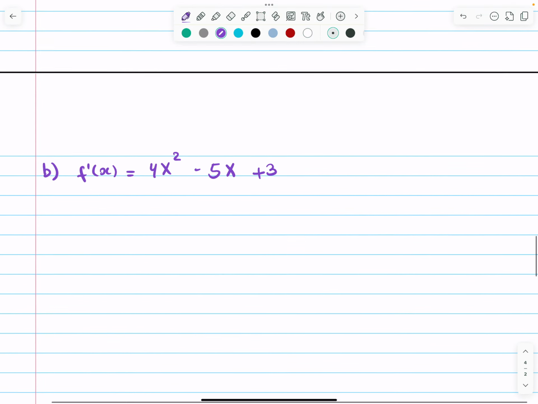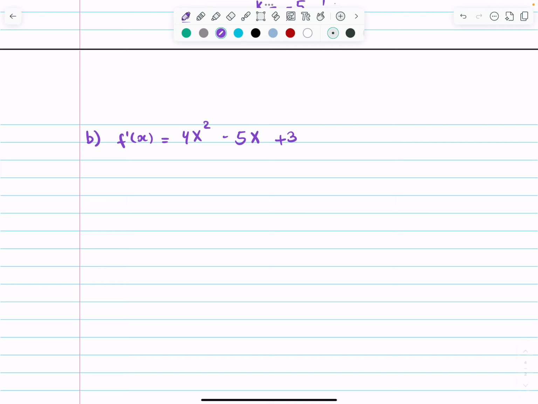All I have to do is find the integral of this, but don't forget there will be a plus c at the end of the answer. Then you're going to use the final equation with the point 3 and work out the y coordinate. It's going to be a little longer, so let me start explaining that.